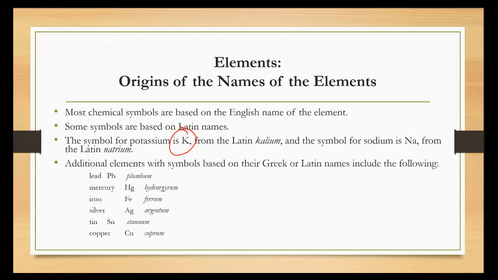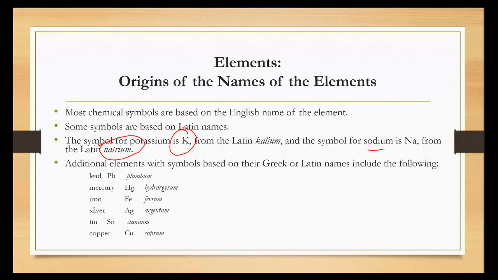Or the symbol for sodium is Na rather than S because of its Latin name natrium. Other elements with symbols based on Greek or Latin names include lead, which is Pb, mercury, which is Hg, iron, Fe, silver, Ag, tin, Sn, and copper, Cu.